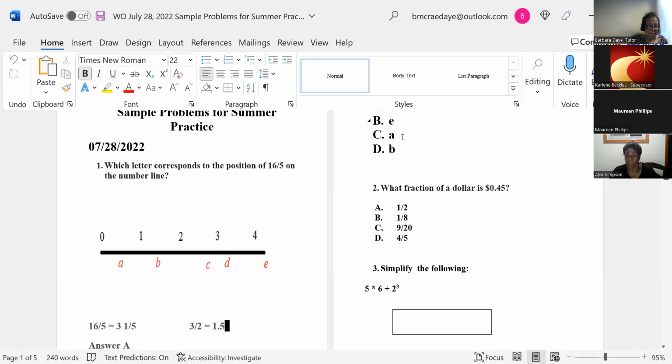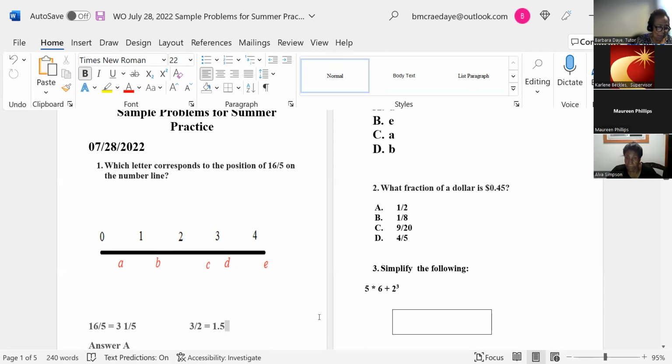D as in dog. You follow, Alva? Yes, Miss Barbara. So if I said what letter corresponds to the position of 3/2 on the number line, that's 1.5. 1.5 is between 1 and 2, and that's letter B. Answer D.